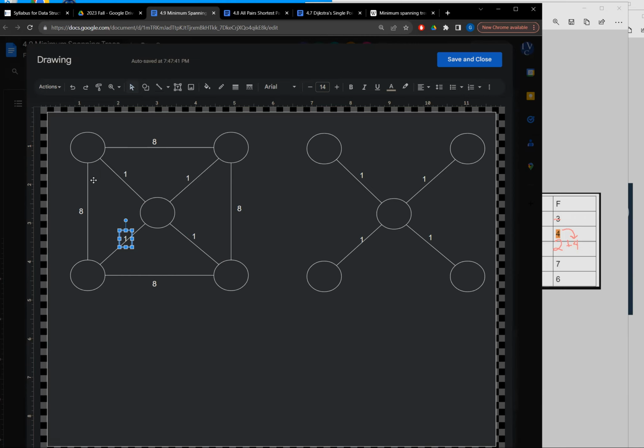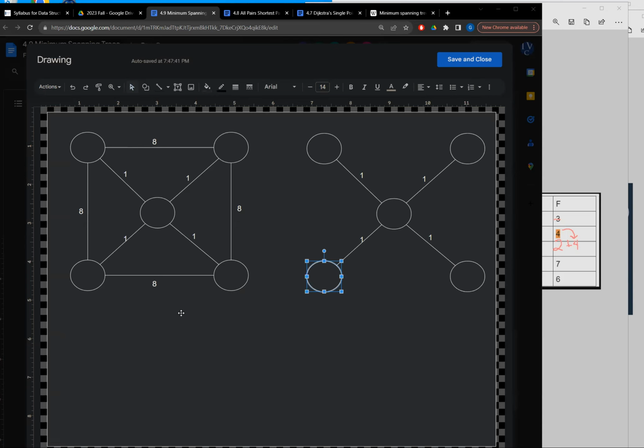If we were to consider adding any of these 8 edges to this tree, that would only create a cycle. Guaranteed to make a cycle, all 4 occurrences, and that would have been the edge that would have been removed.